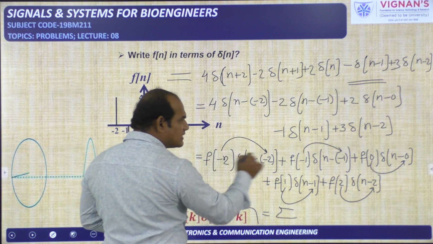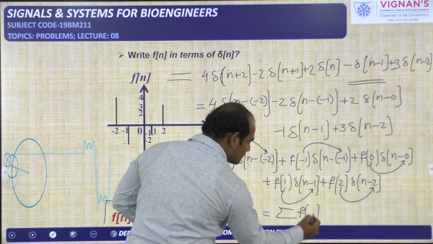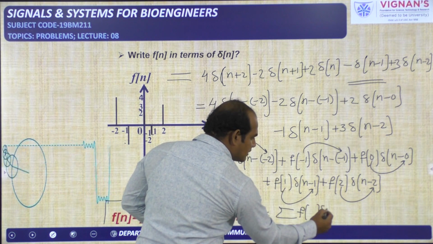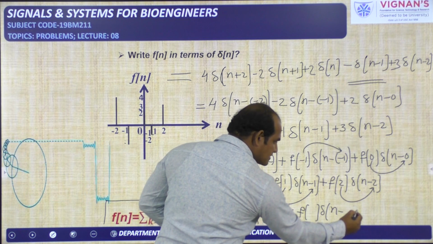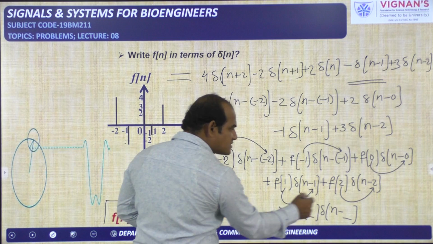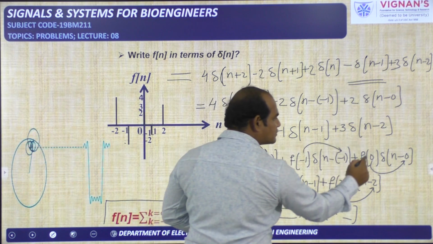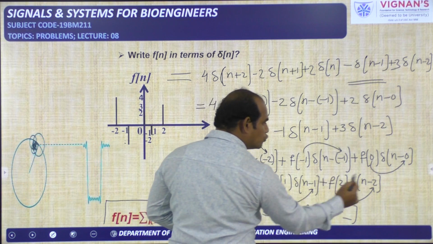Next, in all the terms, first one is f of something, second one is delta of n minus something. But whatever it is for f, the same thing is there here. You see, minus 2, minus 2, minus 1, minus 1, 0, 0, 1, 1, 2, 2.